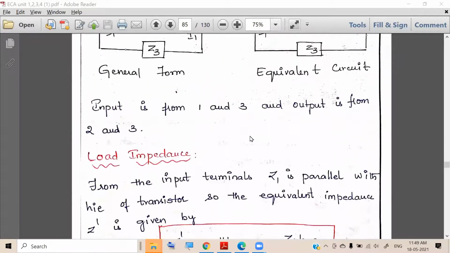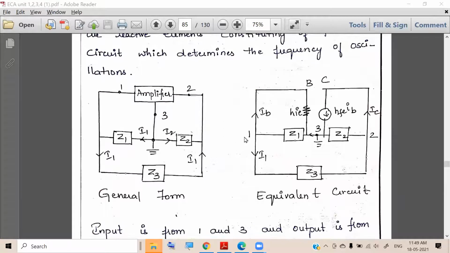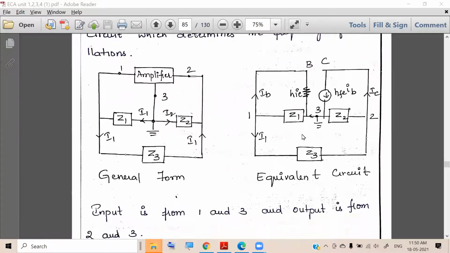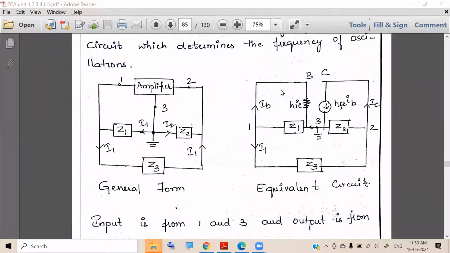Now, what we discussed: 2 and 3 is the output, 1 and 3 is the input to the amplifier. Likewise here, this point is 2, this point is 3. So 2 and 3 is the output of the amplifier block. Now, what is connected between 2 and 3? Between 2 and 3, Z2 is connected.